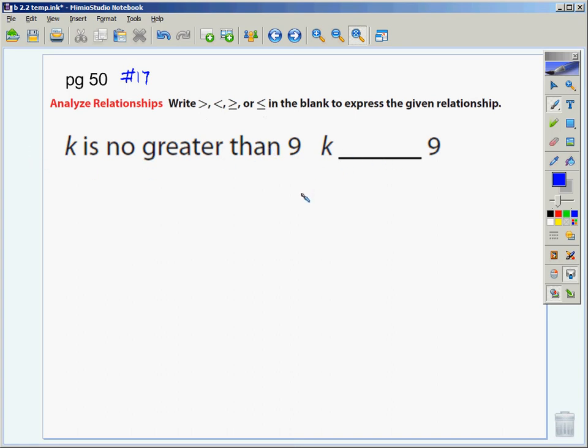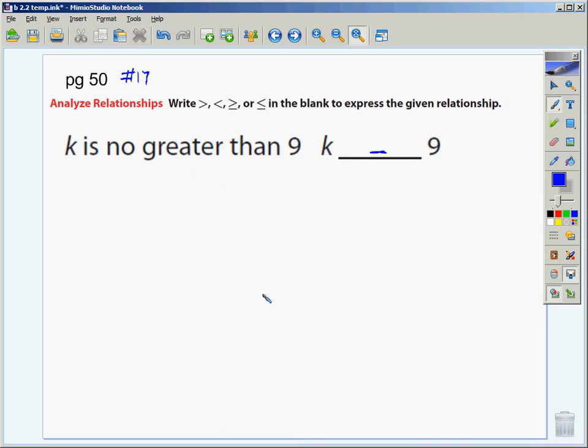And I really recommend that you look to see if it can be equal first. That's the easiest comparison to make. It says k is no greater than 9. So you ask yourself, is 9 greater than 9? No, so it's okay. It's right. It can't be greater, but it could be what? Equal to.